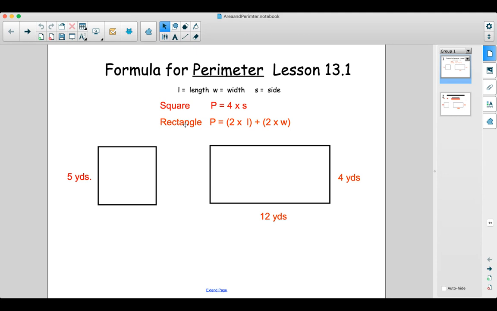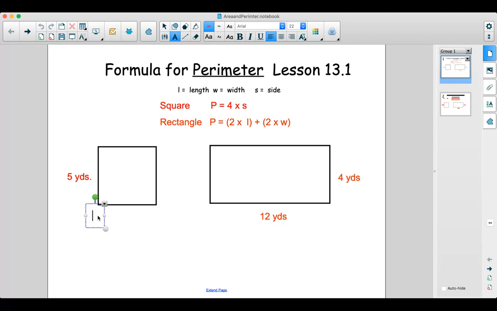If you're measuring your rectangle, your perimeter equals 2 times L, 2 times the length, plus 2 times W, the width. L is length, W is width, and S equals side. So if we want to find the perimeter of this square, we need to use this formula.